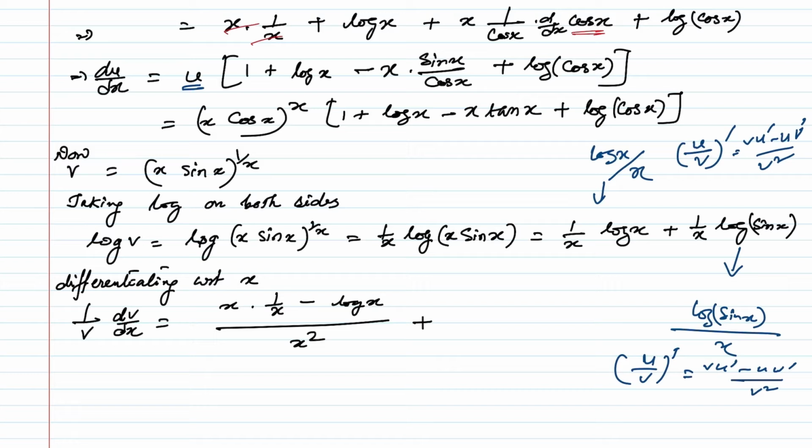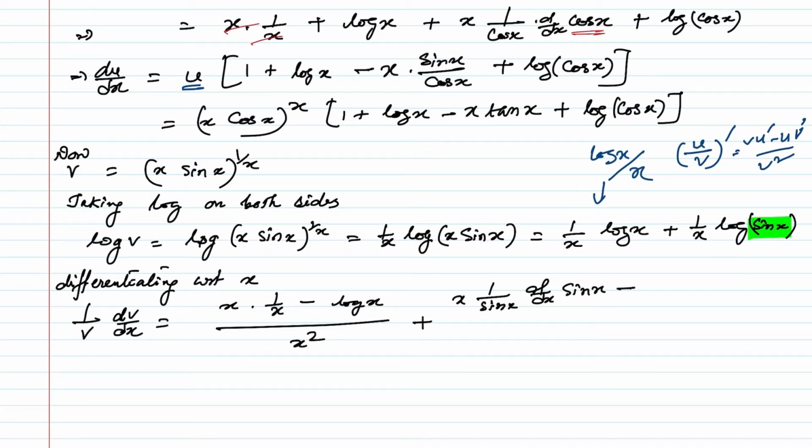We will get the denominator x, derivative of log of sin x will be 1 by sin x and derivative of sin x again, this is function of function, minus numerator log of sin x, derivative of denominator x is 1, then denominator square, that is x square. So here you can see this x cancels.